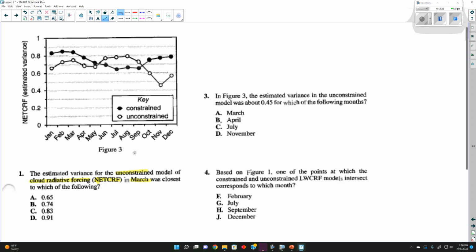So March, unconstrained. So we're looking at the line with the closed dots. Sorry, unconstrained is our open dot, not our closed. Closed is constrained. That would be just under 0.8 and greater than 0.6. So we're looking at B.